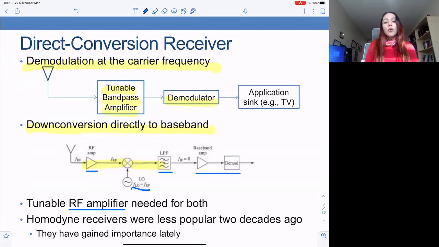That said, although the heterodyne receiver is the classical, tried and true approach, recently, in the last decade or so, homodyne receivers, meaning converting directly to baseband by using the local oscillator frequency at the RF frequency, are gaining importance because of our digital radios and digital receivers.